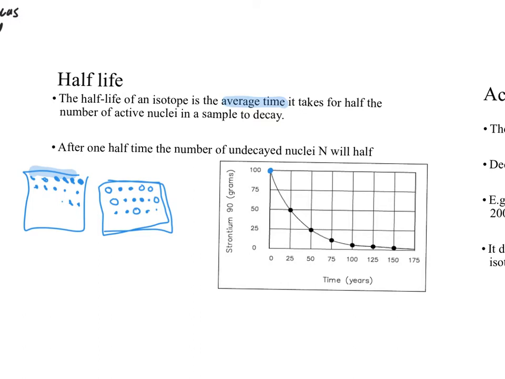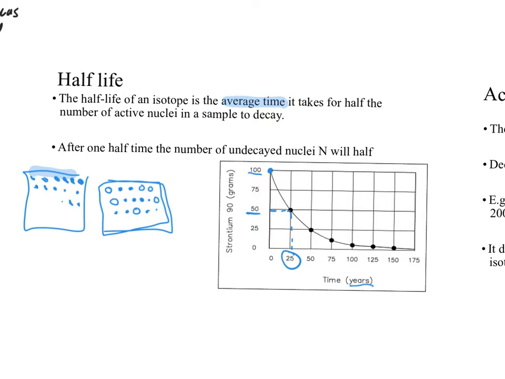How long will it take for that number to halve? That will be us going to half of 100, which is 50. So if 50 grams is radioactive, the rest of them have decayed. Then I just extrapolate my line, and this is 25 years. So the half-life here is 25 years.